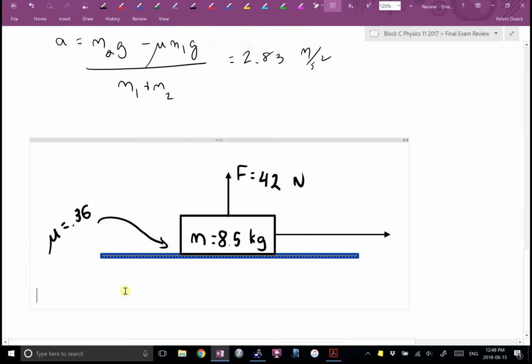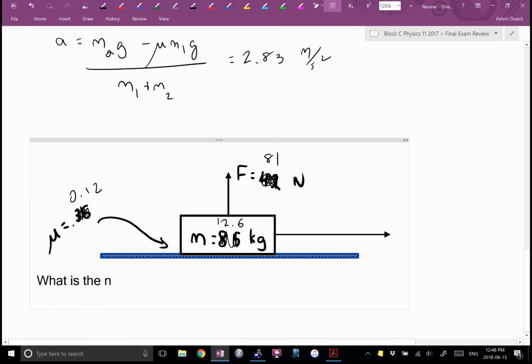Instead of 8.5 kilograms, 12.6 kilograms. Instead of 42 newtons, I'm going to make it bigger, 81 newtons. And let's make friction 0.12.